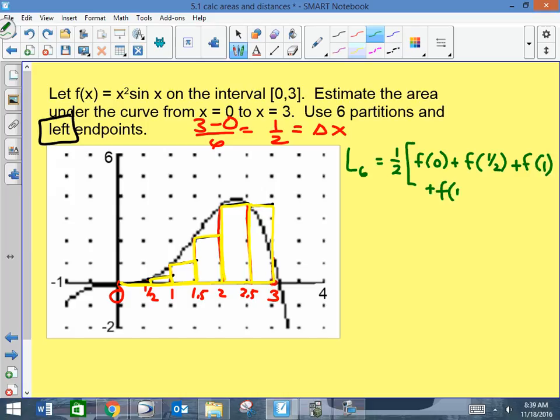And then 1.5. Then 2. And finally at 2.5 we stop. Okay? All right. So that's how it works. You find your numbers. And we could estimate it, but that would be a major estimate here.